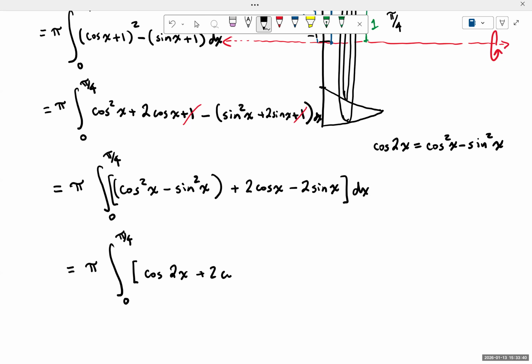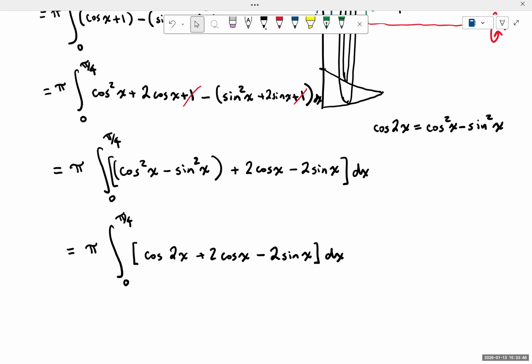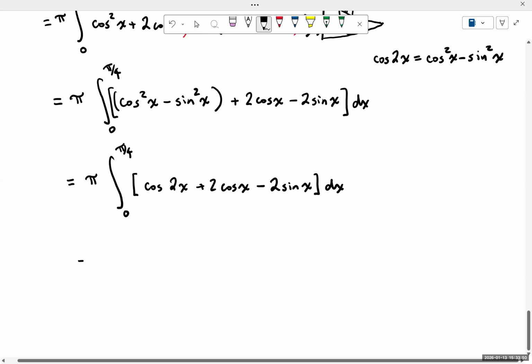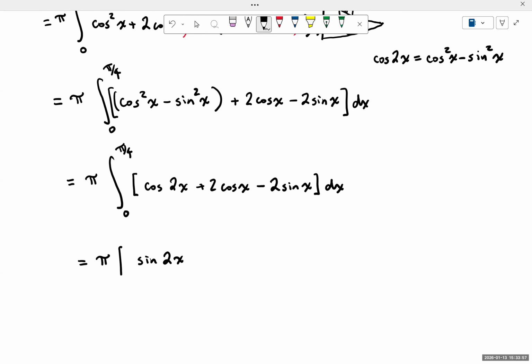And then I have all these other guys here that I need to integrate, and I can integrate all these things really easily now. Right? The first one is just an easy u substitution. Derivative of sine is cosine. So I'm going to have sine of 2x, and then I have a 1/2 to take care of the 2, and then derivative of sine is cosine.